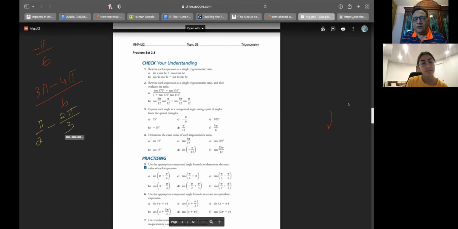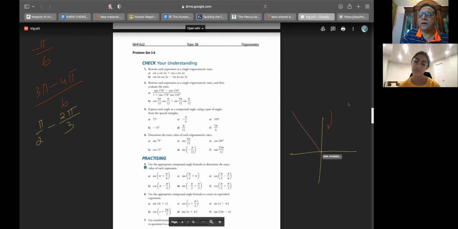Now, they are actually special triangles because 2 pi by 3, if you work out on any acute angle, is actually pi minus pi by 3. So this is 2 pi by 3, which is related acute angle of pi by 3.